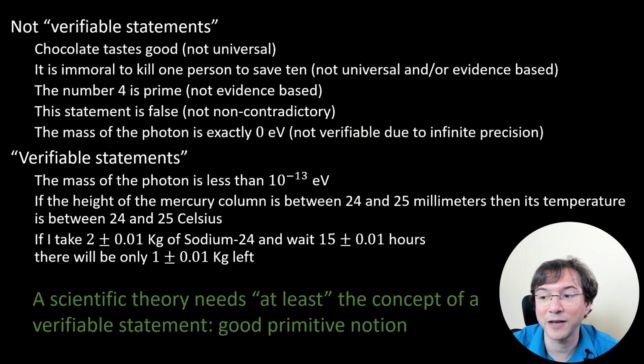We have to measure that whenever we have the first proposition, whenever we measure that the height of the mercury column is between 24 and 25, we always have the temperature between 24 and 25 Celsius. And again, saying exactly how and when, under what conditions, a statement like this is verifiable, is not going to be part of the formal system.